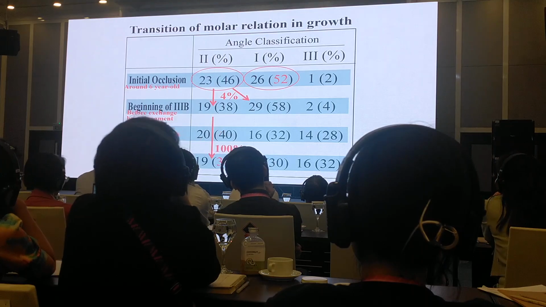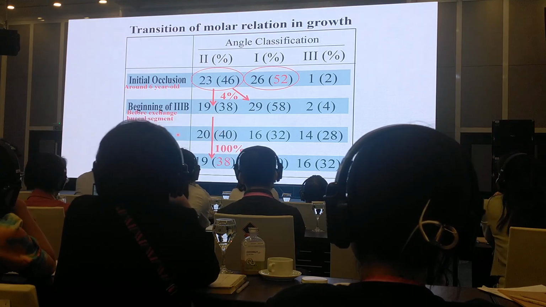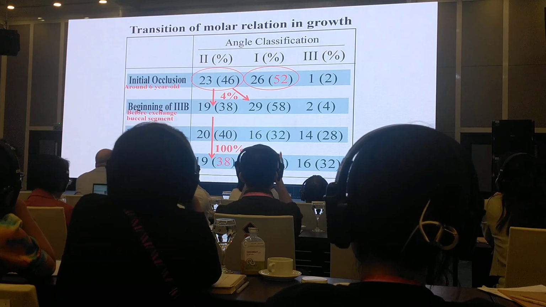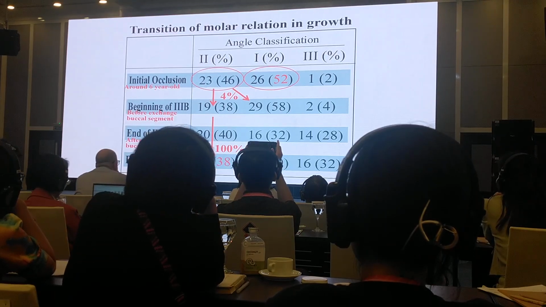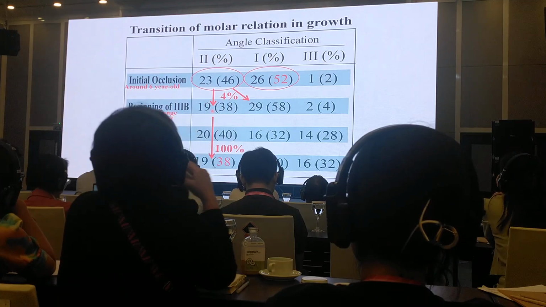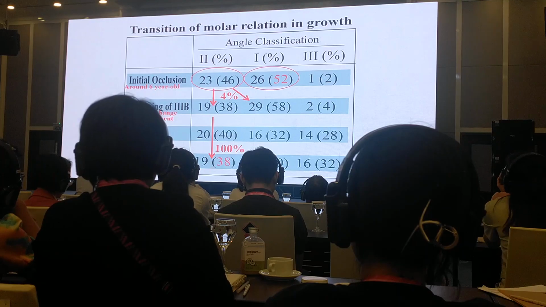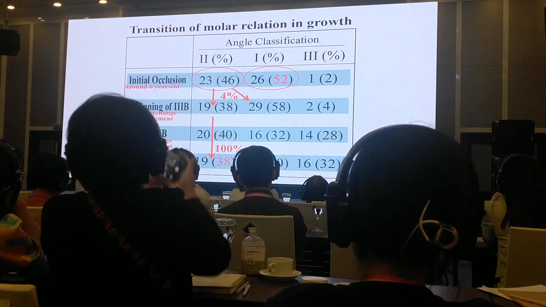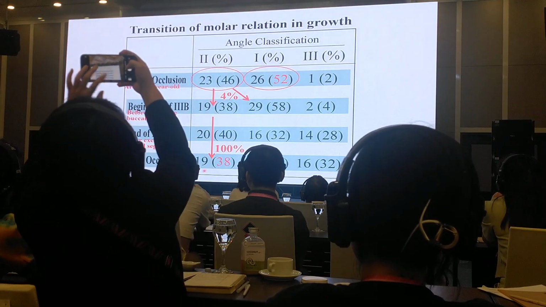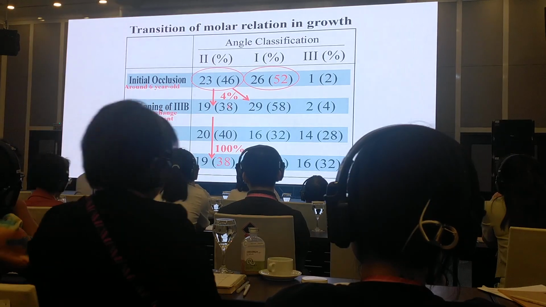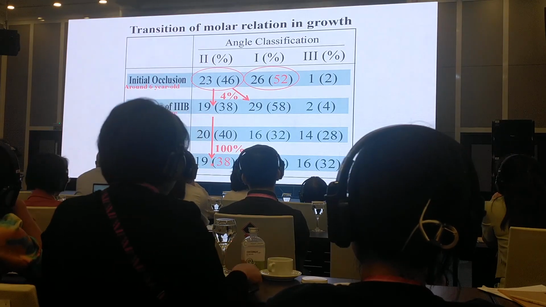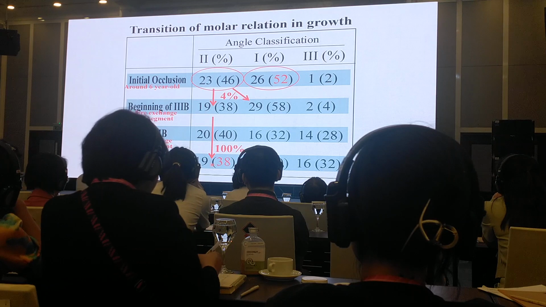After exchanging, even with the B-based phase, no change, 100% here, last here, also class 2. No change, no chance to establish class 1.